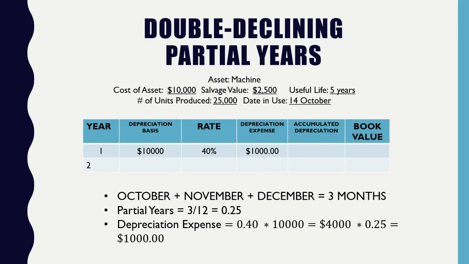I could also do 4,000 times 0.025, because 3/12 is equivalent to 1/4, and I would get the same answer. But the easiest way is to take your 4,000, divide by 12, then multiply by 3. If this is how much it costs per month, and I used 3 months worth of it, then you solve your answer, and it should be 1,000.